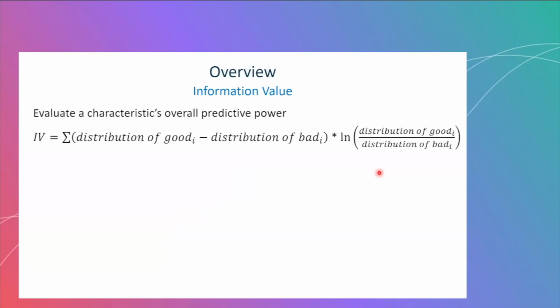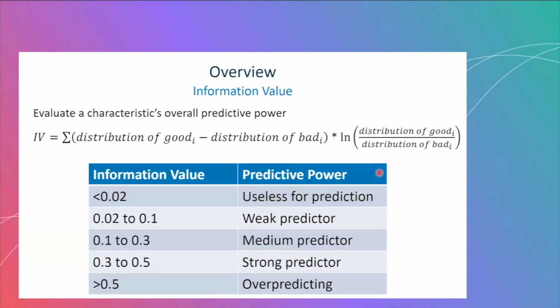All right, like I also mentioned earlier, the next step after calculating weight of evidence is to calculate something called an information value, which is an indicator to tell us how significant a variable is. For variables, we calculate the information value as a whole rather than as individual bins.